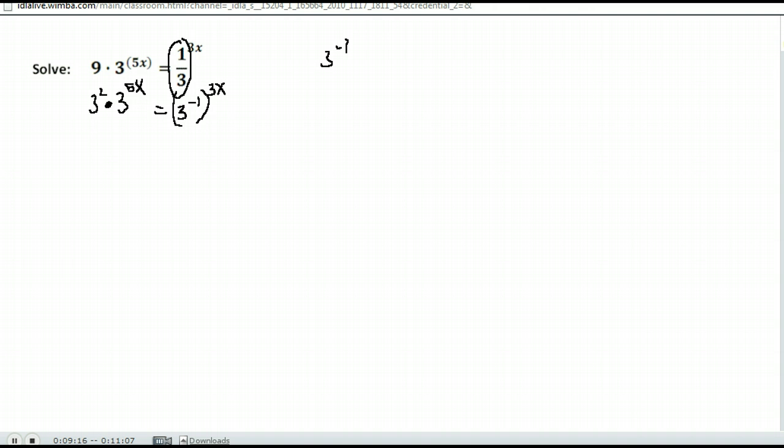Okay, now we've written everything as powers of 3, but we need to combine these two. Now, just think for a second about our rules of exponents. And maybe it's easier if you use variables. If we had, for example, x squared times x to the 3rd, do you remember how we combine those? We add the exponents and would get x to the 5th.